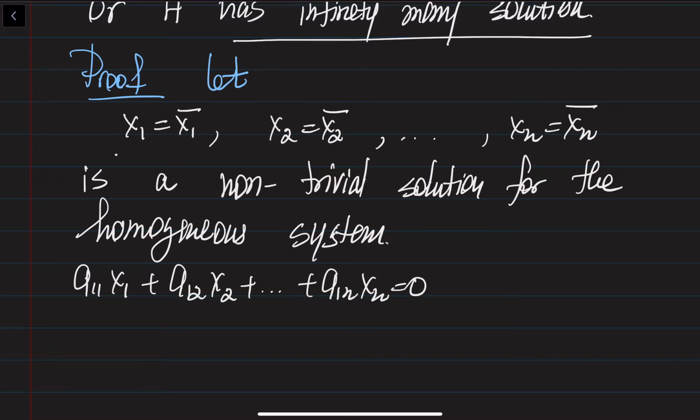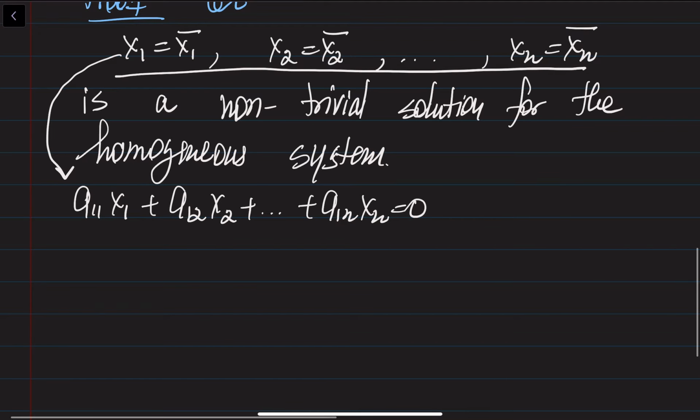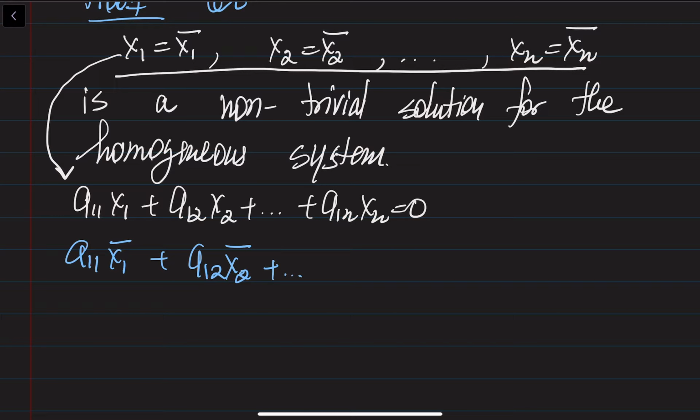So what does it mean that this vector is going to be the solution of this system? It means that if I just substitute x1 equal to x1 bar, x2 equal to x2 bar, and so on, xn equal to xn bar, the left-hand side of this equation is going to be equal to the right-hand side. So a11 x1 bar plus a12 x2 bar plus and so on plus a1n xn bar is equal to 0.